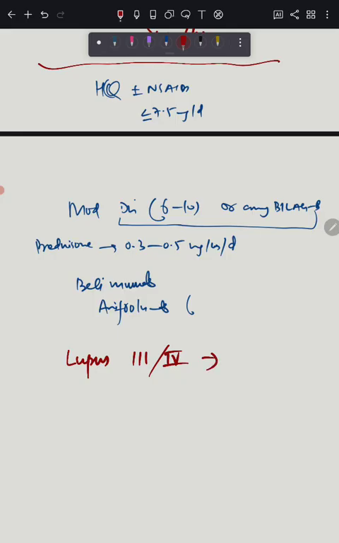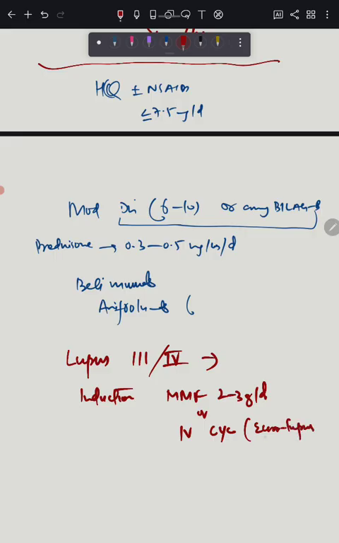Then you have to go for induction first. So you will do induction with mycophenolate mofetil 2 to 3 grams per day, or you can also give IV cyclophosphamide, and this is to be given with the Euro-Lupus regimen. As per Euro-Lupus regimen, this is to be given as 500 milligrams.